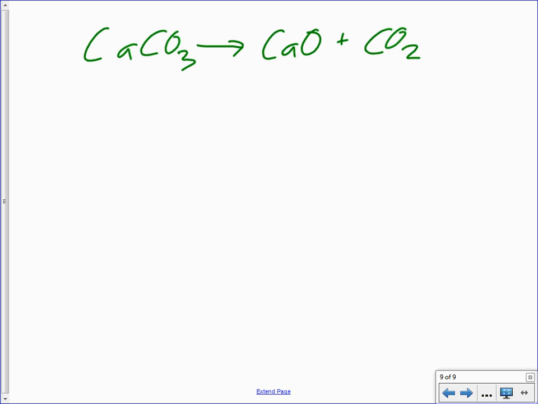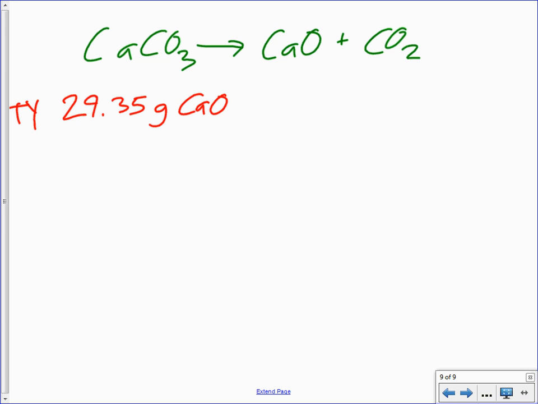So let's say you have calcium carbonate decomposing to form calcium oxide and carbon dioxide. Okay? Let's say our reaction says that we should get 29.35 grams of calcium oxide.